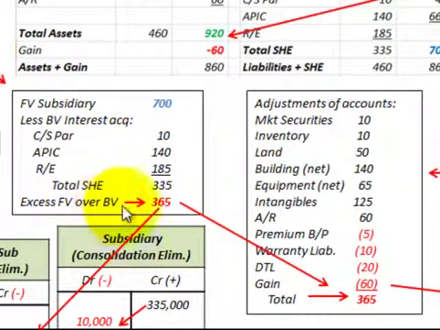And then the excess of the fair value over the book value is $365,000. So going down and looking at our adjustments accounts, we have to subtract out this gain of $60,000 in order that the total change in our adjustments accounts of $365,000 matches with the excess of the fair value over the book value in our distribution schedule.